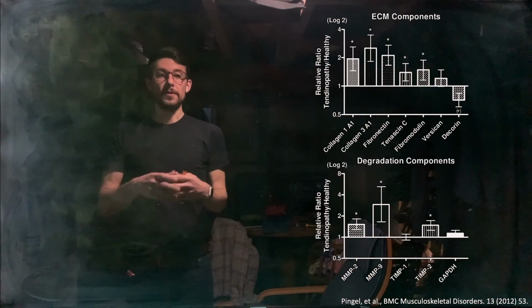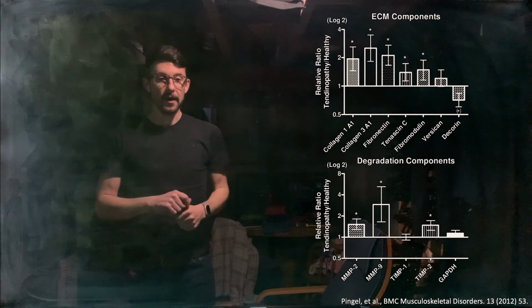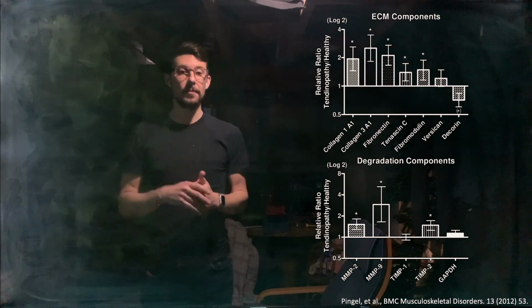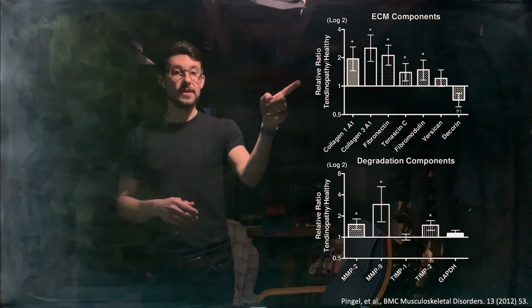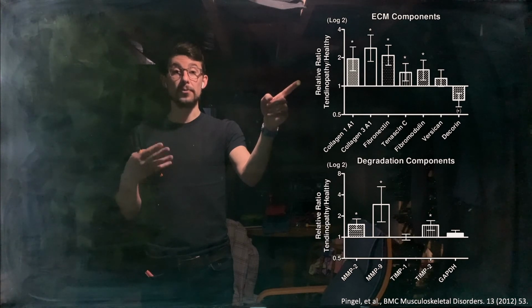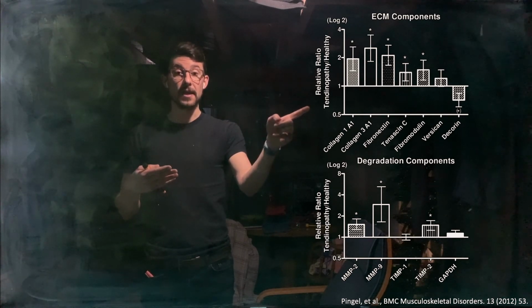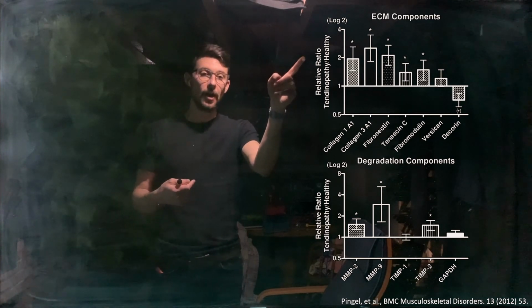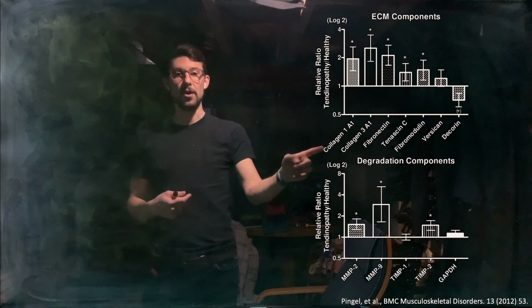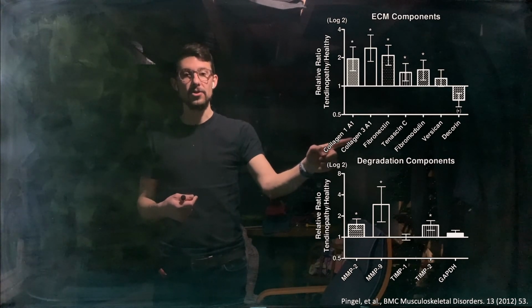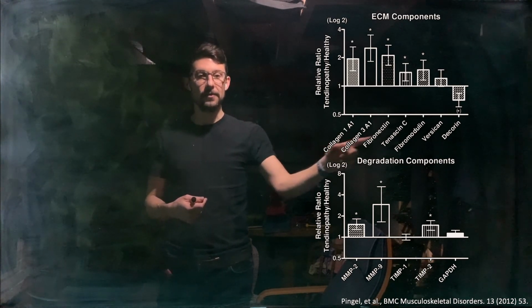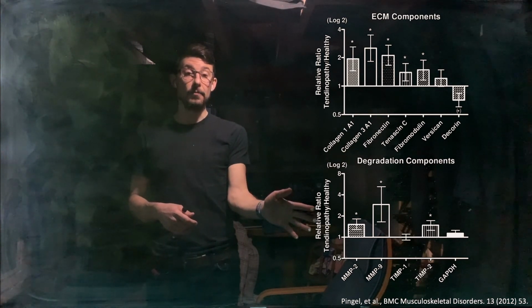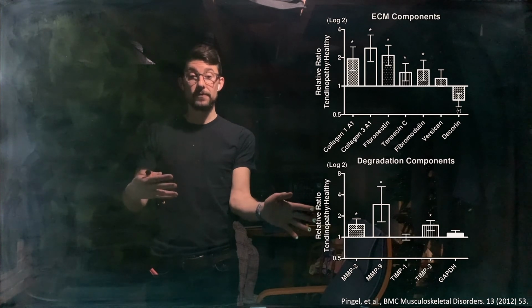People have also looked at other changes in tendons that are occurring in tendinopathy. So this is changes in mRNA for different proteins in tendinopathic tissue versus healthy tissue, showing an increase in things like collagen 1 mRNA, collagen 3 mRNA, and various other proteins there, and some enzymes that are degradative for collagen.